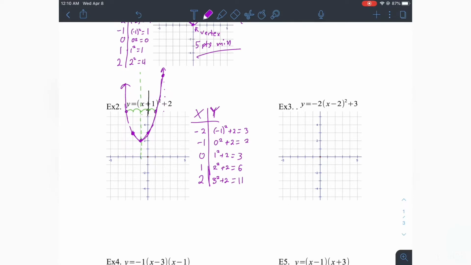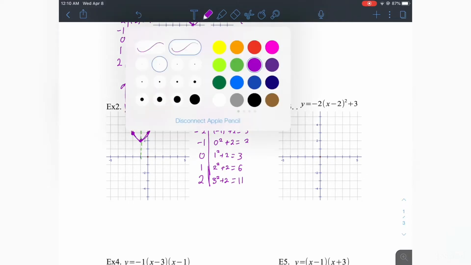Interesting. Very interesting. Now, if you look for some patterns, there is an interesting correlation between this 1 and this 2 and the vertex.